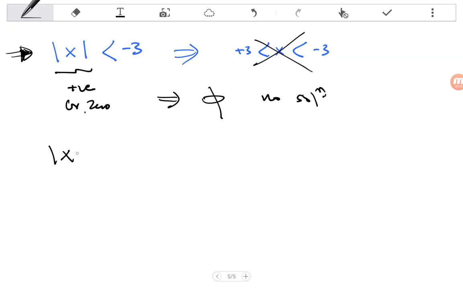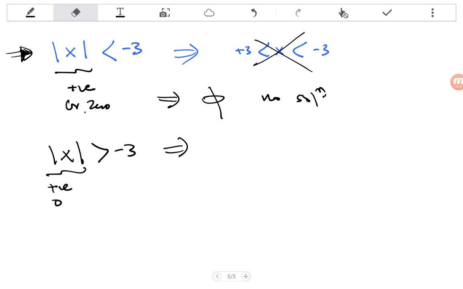What if I ask absolute x greater than negative 3? No solution? No, in that case this is a positive value or 0. When would a positive value or 0 be greater than negative 3? Let's take this case first.